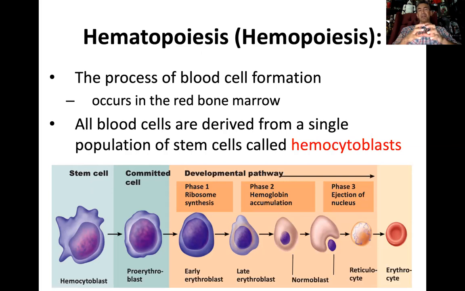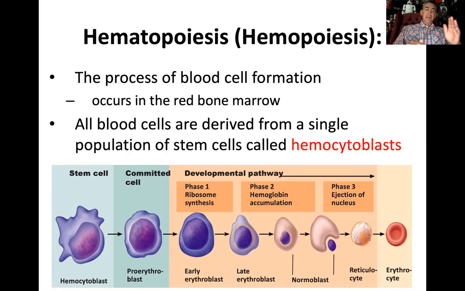It's a very plastic, very flexible, very adaptive type of cell that, depending on what instruction it receives, what gene gets triggered, will become a variety of different types of cells. So this cell is a stem cell, but it has already committed to becoming a type of blood cell.